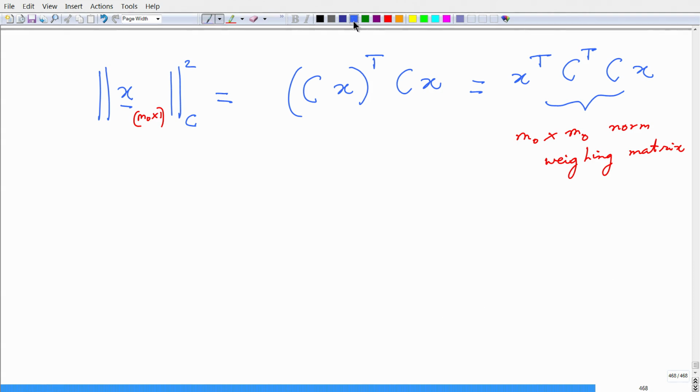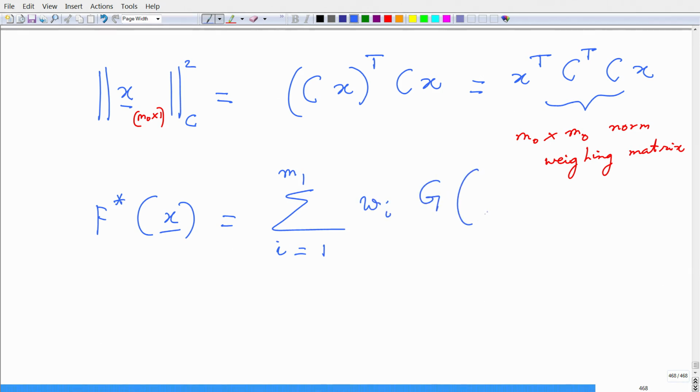Right. Another example. So before we get into another example, I just would like to write the approximating function f star of x, which is now summation i equals 1 to m1, w suffix i, g of x minus ti, where this norm is this weighted norm.